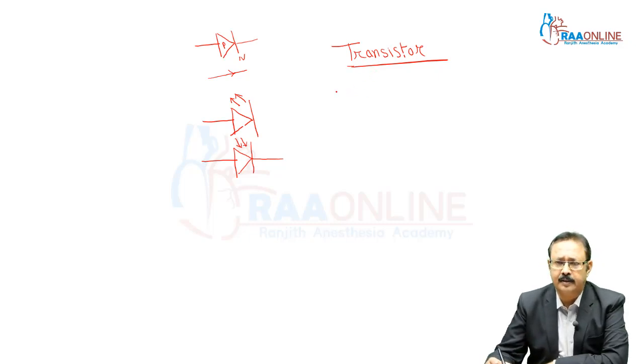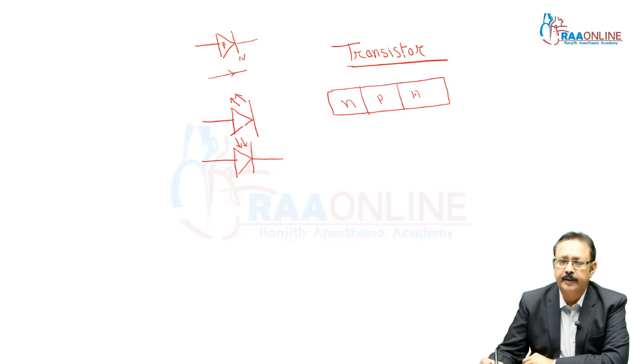What is a transistor? In a transistor we are using two junctions, two diode junctions, NPN or PNP.